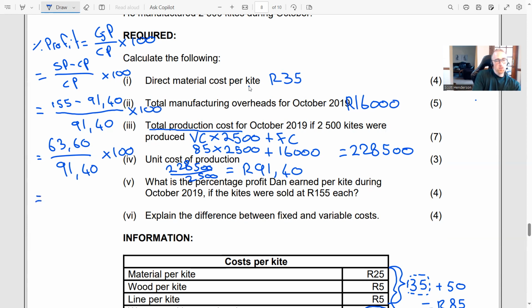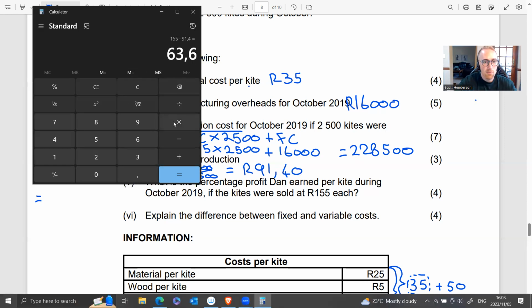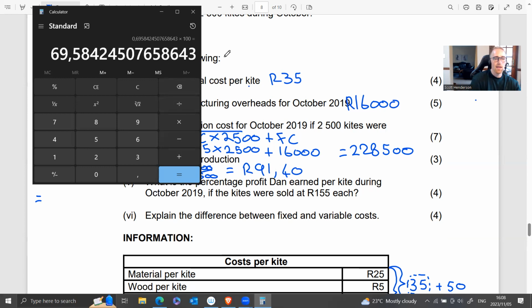Therefore, the profit percentage is equal to 63.6 divided by 91.4 times by 100 is 69.58. We're going to round up to 69.6%.